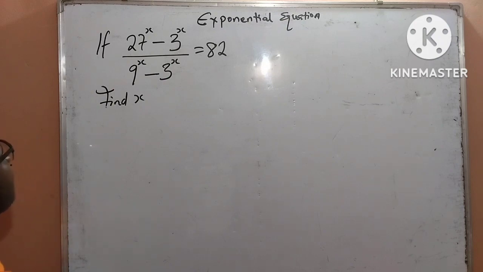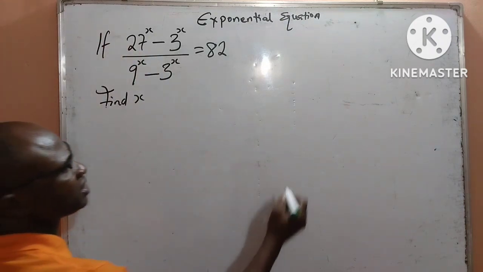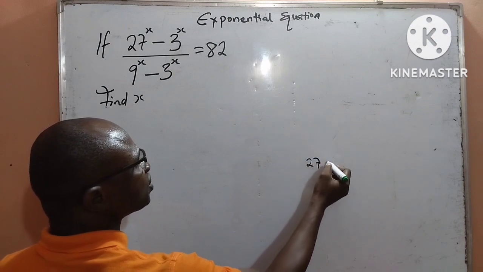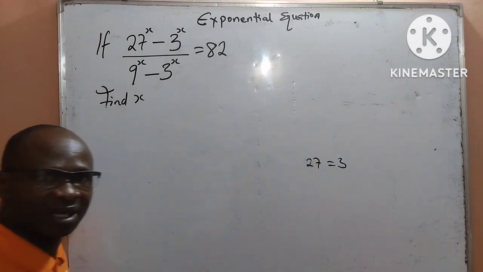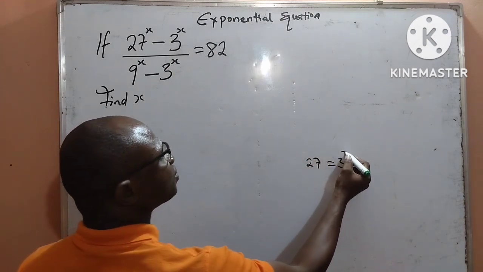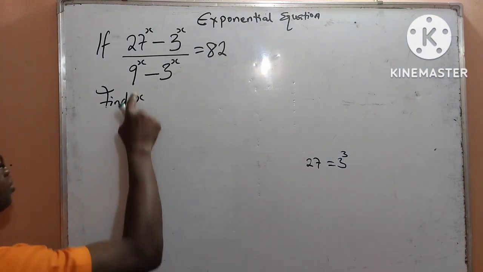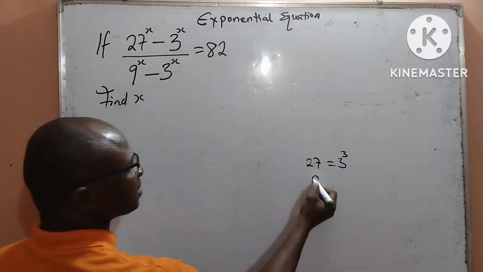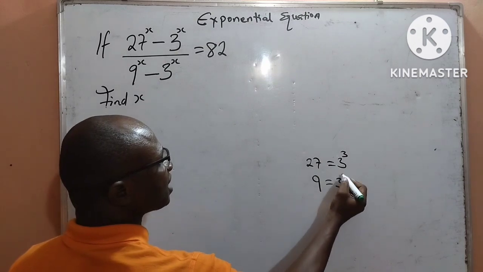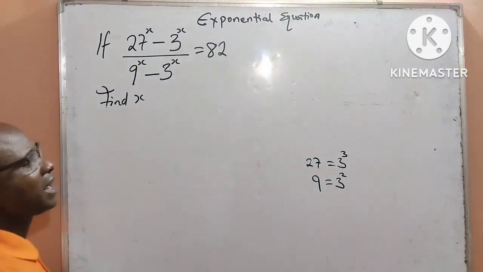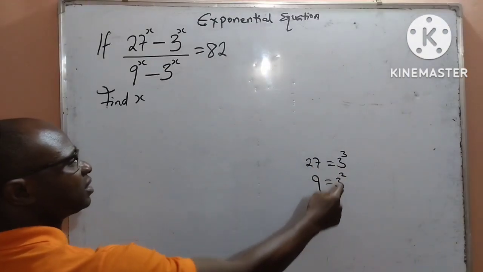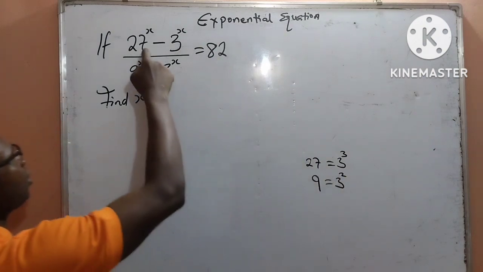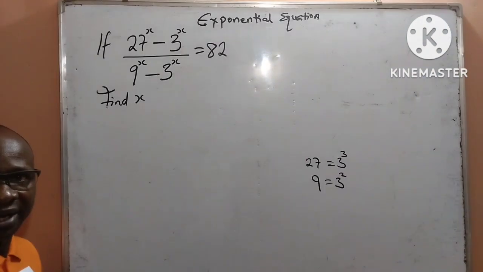Now, I want you to see that 27 can be represented in base 3 as 3 raised to the power 3, and 9 can be represented in base 3 as 3 raised to the power 2. I am going to use 3^3 and 3^2 to replace 27 and 9.